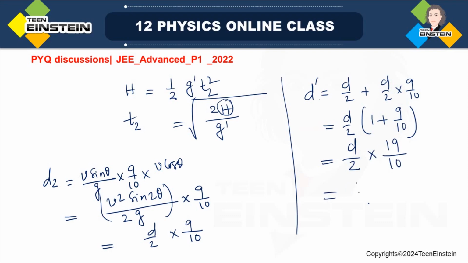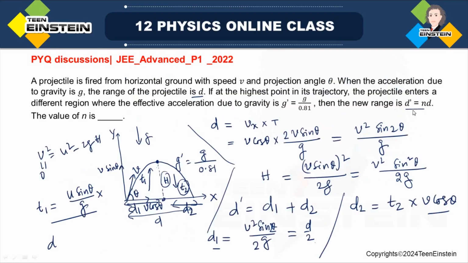So if we divide this 19 with 20, we will be getting around 0.95. Okay, look at this here, the new range d prime is equal to n into d.